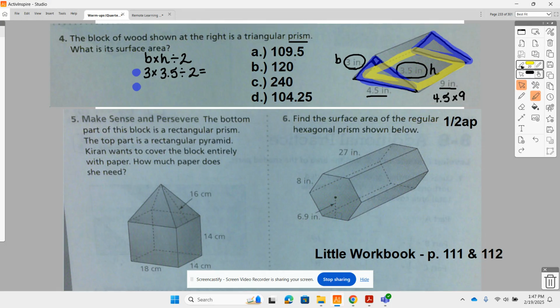This rectangle on the back is 3 by 9. And then one more rectangle, this one right here, is 3.5 by 9.